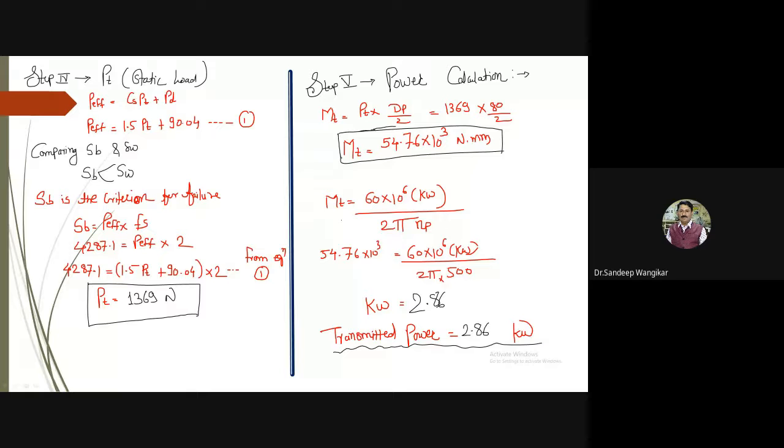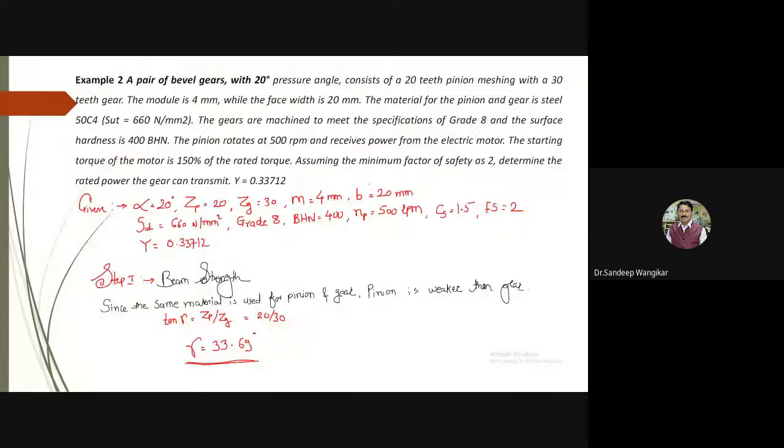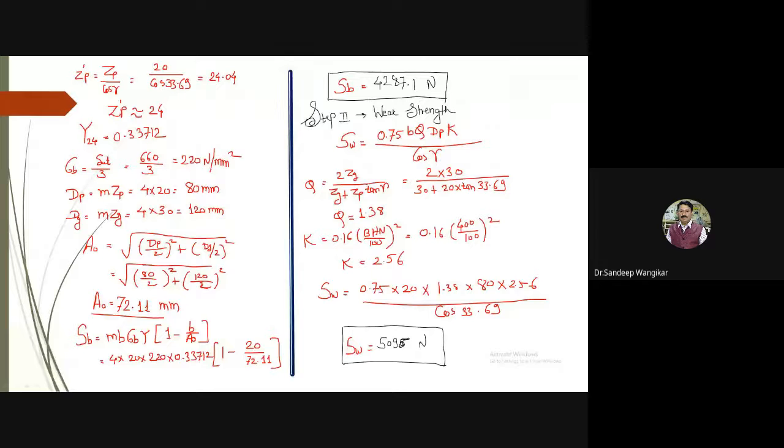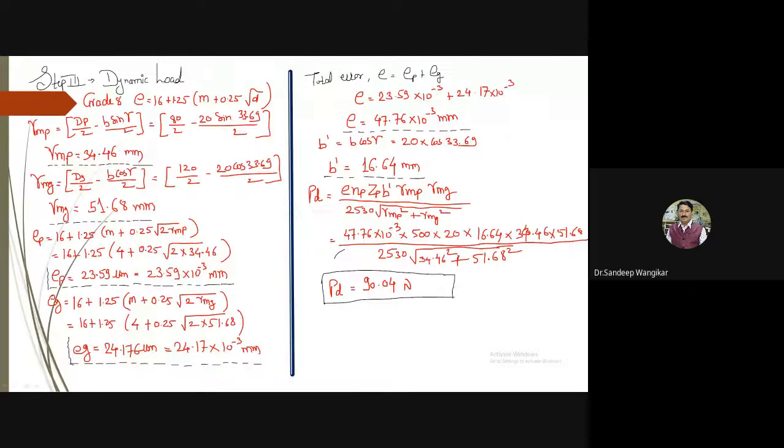So in this way, if you can see, we have calculated, very first, what is given. We have written the data given for calculating the beam strength. So we have calculated the beam strength, we have calculated the wear strength, then we have calculated the dynamic load by first calculating REM, mean radius for pinion and gear, error for pinion and gear, and then finally dynamic load.